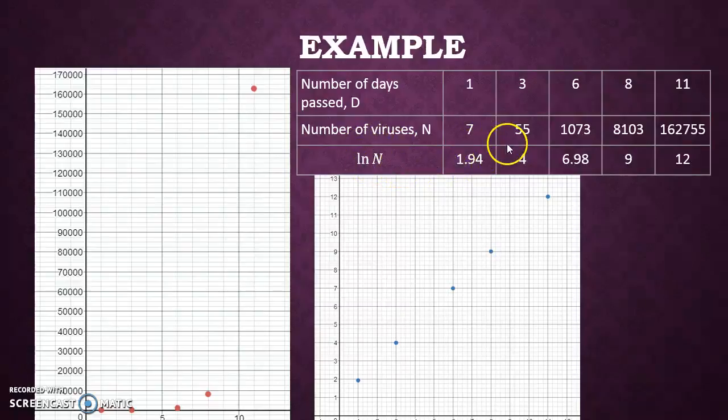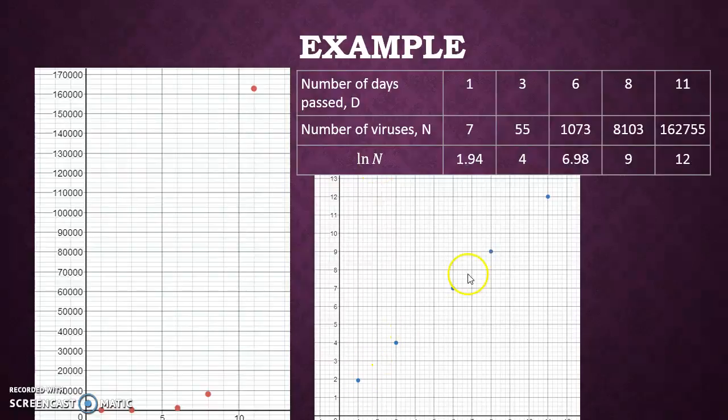So we take the natural log of these numbers of viruses, so log 7, log 55, log 1073, and so on, and we plot that against the number of days. So number of days on the horizontal, and on the vertical is the log of the number of viruses.